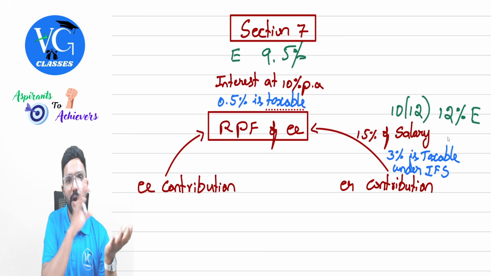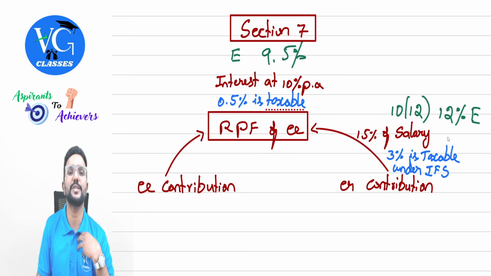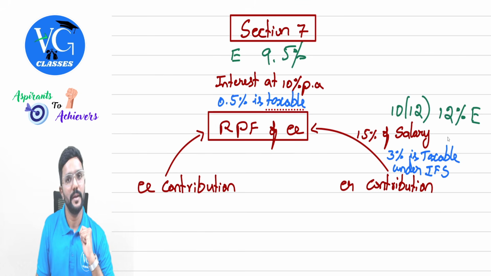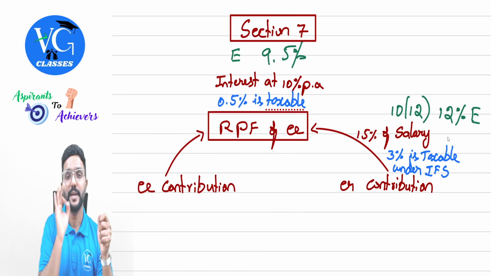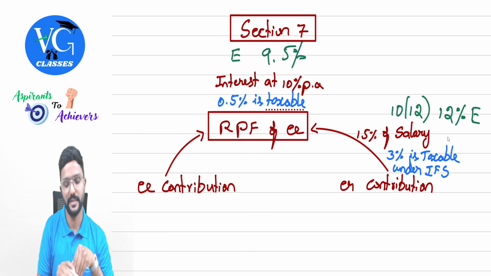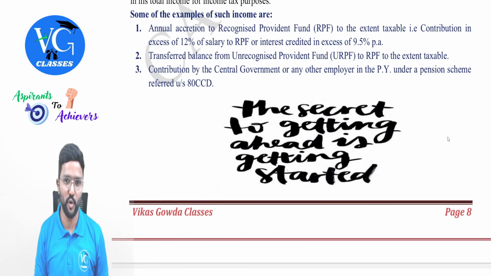In such a case, whatever money is transferred from unrecognized provident fund to recognized provident fund will be taxable in the hands of the employee in the year in which it is transferred. Because in the future, when the money is withdrawn from recognized provident fund, it will be fully exempt, guys, provided at least 5 years of continuous service is rendered by the employee.